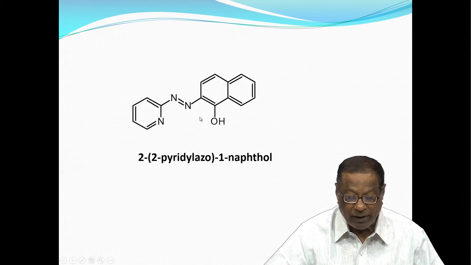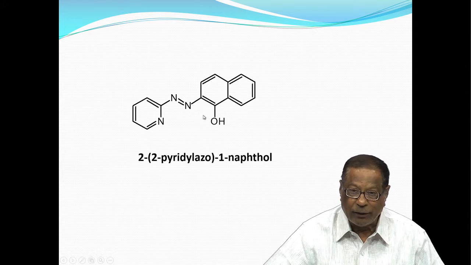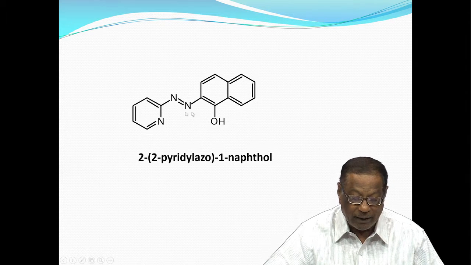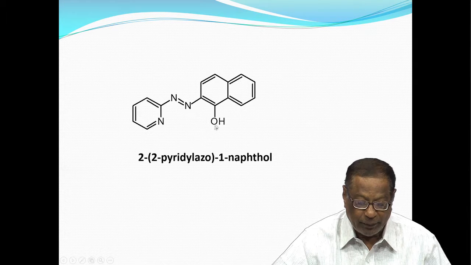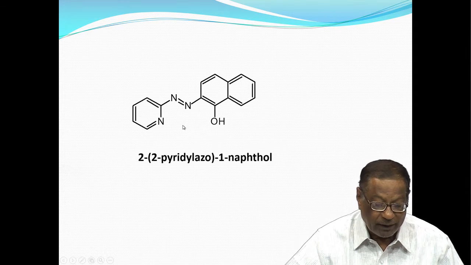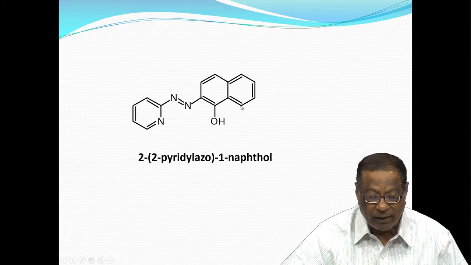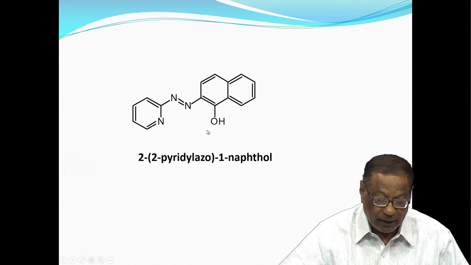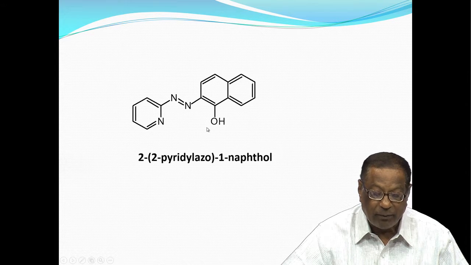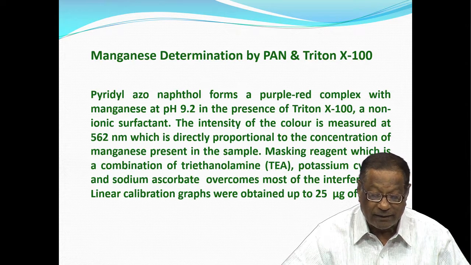Both these nitrogen and OH groups are electron releasing groups, and it is 4,2 pyridyl azonaphthol. This is 2,2. If I have an OH group here, then it is known as 4,2 pyridyl azonaphthol, and this reagent can be used for the determination of manganese.